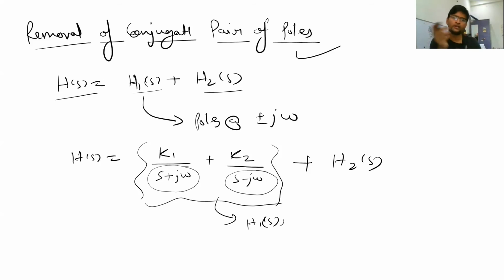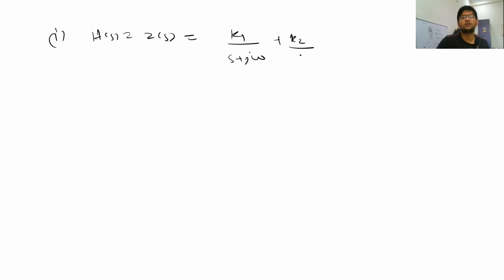As already told, H(S) can be either Z(S) or Y(S). So let us take the first case. H(S) is equal to Z(S), which will be equal to K1 upon S plus j omega plus K2 upon S minus j omega plus Z2(S). So this whole thing is Z1(S).